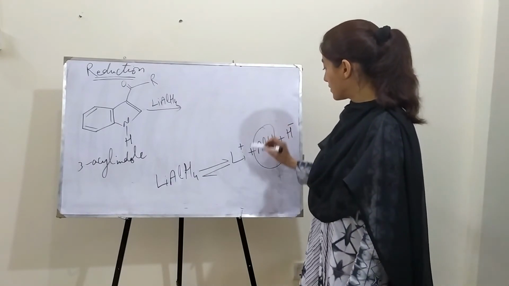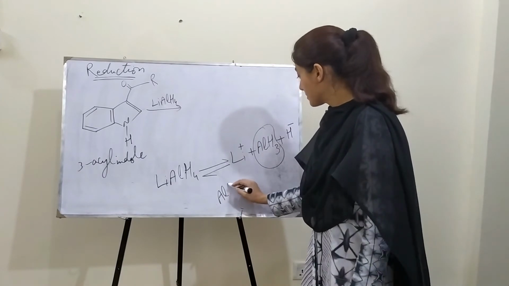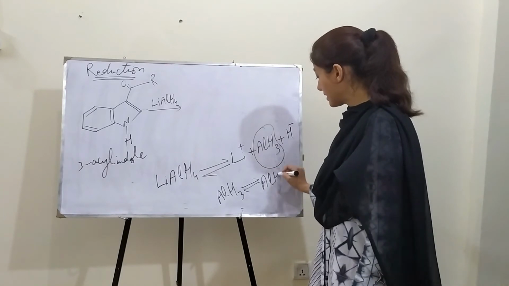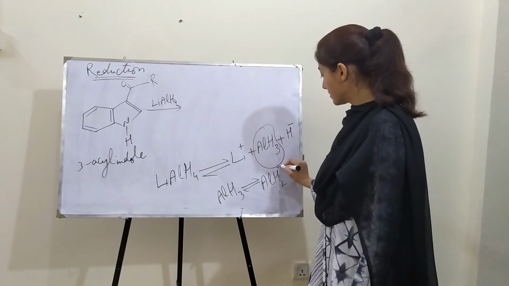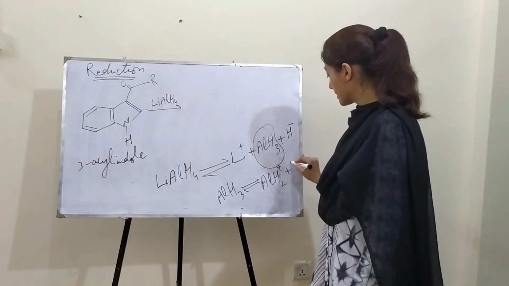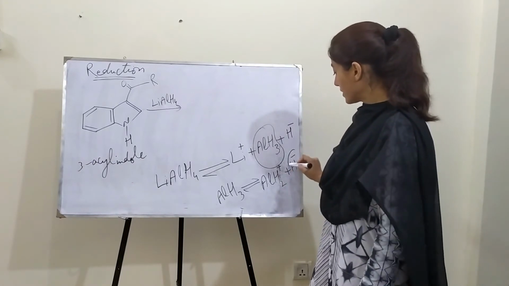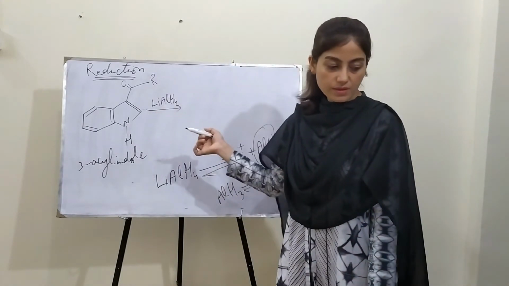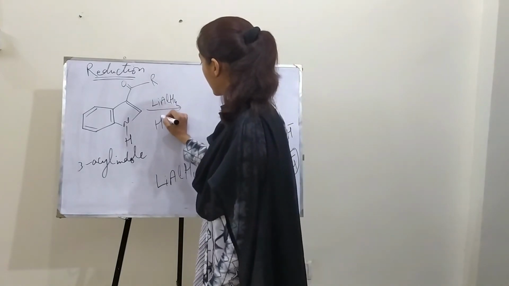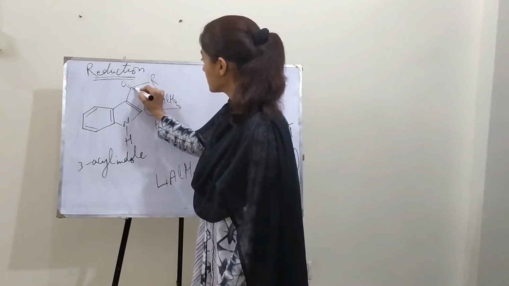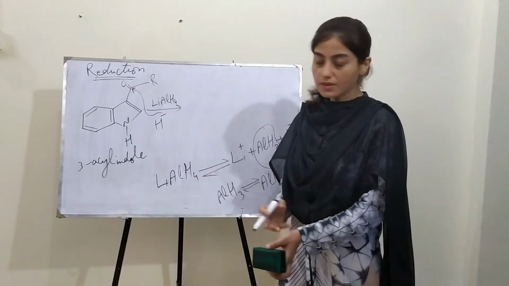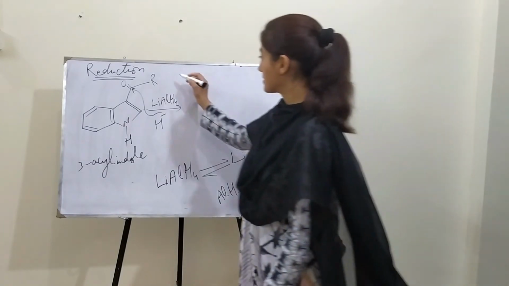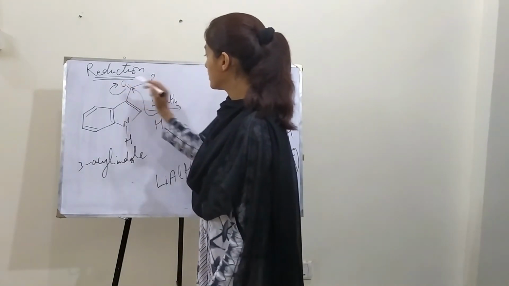This species further ionizes into AlH2 positive plus H negative. This hydride attacks at this position, and the AlH2 positive shifts to oxygen.